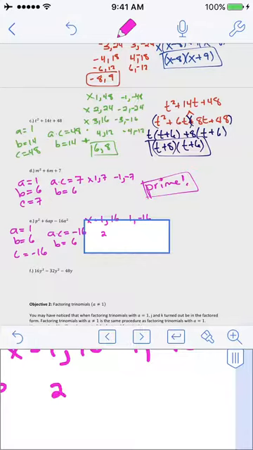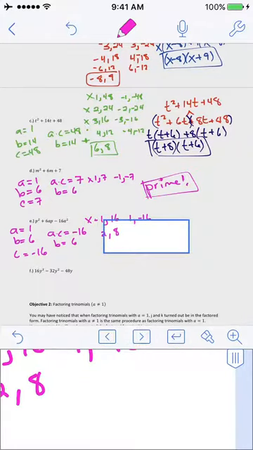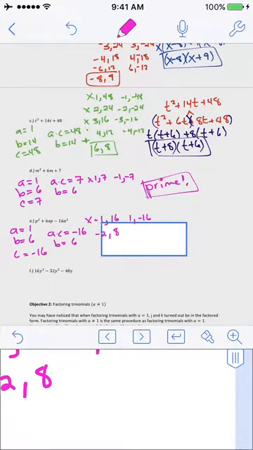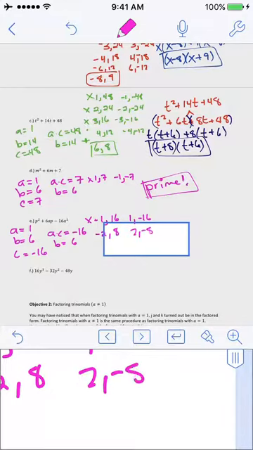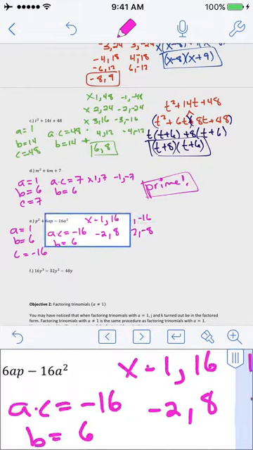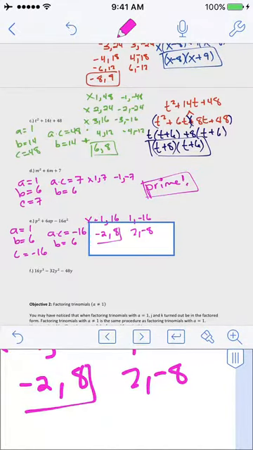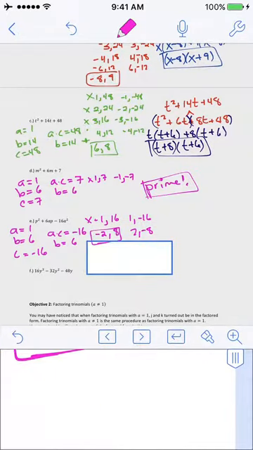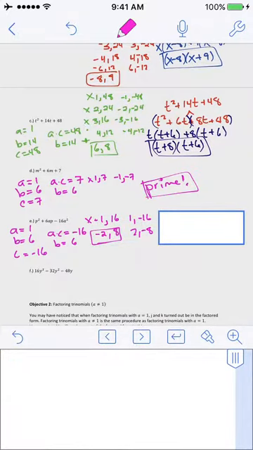Next we've got -2 and 8, and then 2 and -8. Sorry, one of them has to be negative to get negative. Let's see, this one, ooh, there we go. That one adds to +6. Found them. Alrighty, so we found our magic numbers.